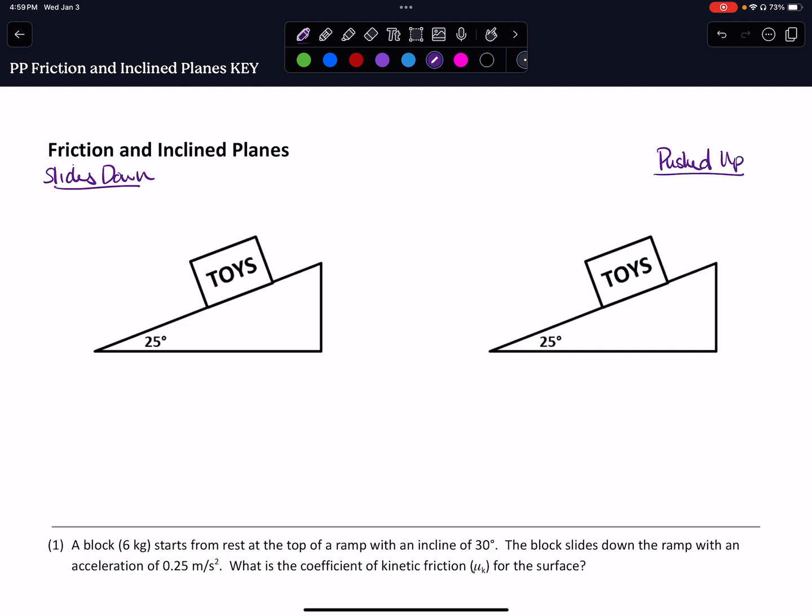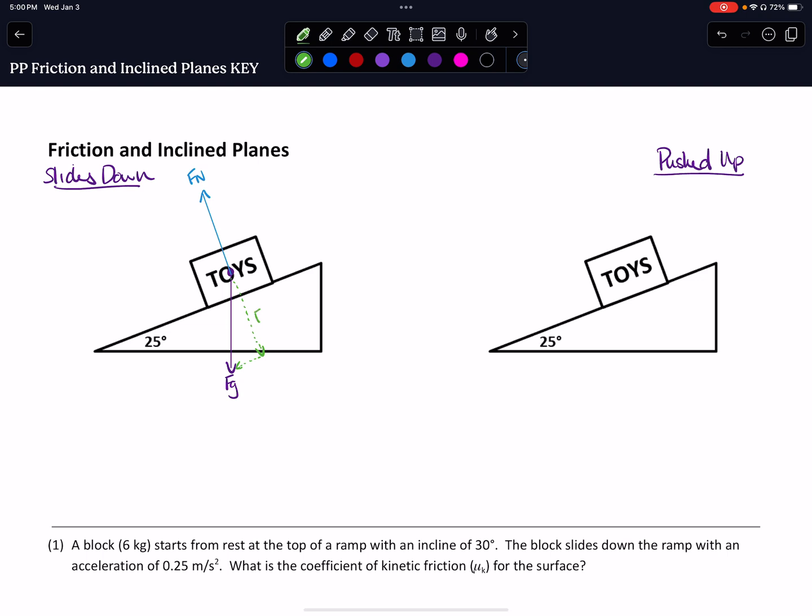All right, so remember, inclined planes are a little strange because you have to split the gravitational force, because it points straight down, but the normal force, which opposes gravitational force, is normally perpendicular to the surface. So they do not sit equal and opposite of one another. Because of that, we need to take our gravitational force and split it into its two components.